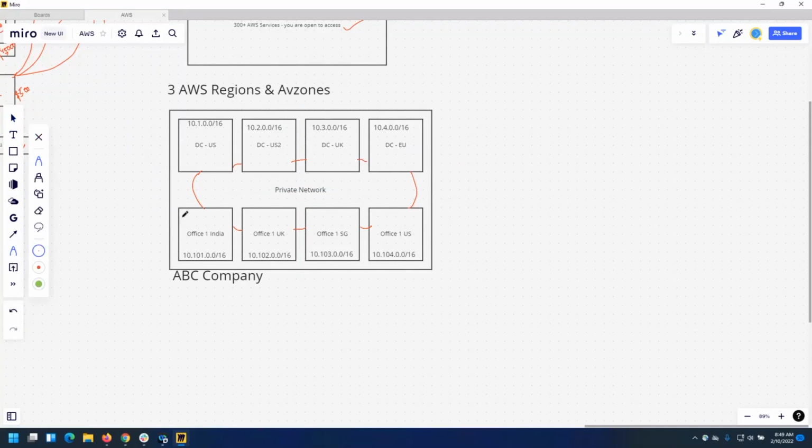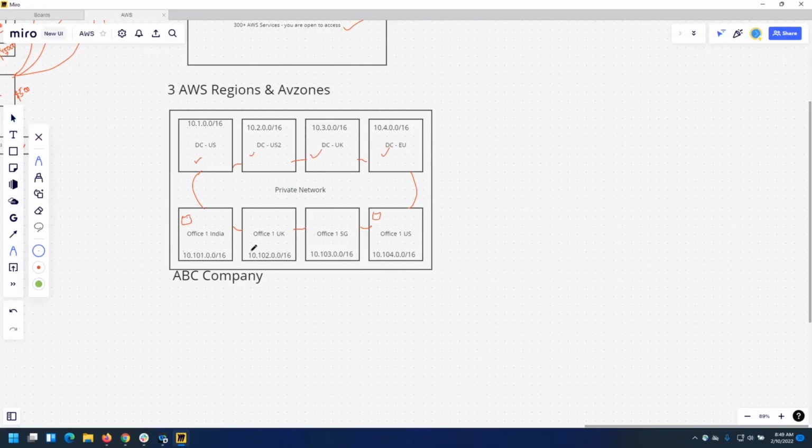If you are sitting in this office, you can reach any of the data center servers without any additional configuration, because it's all connected together in a private network. And you can also talk to one of the servers sitting in this US office server room over the private network.